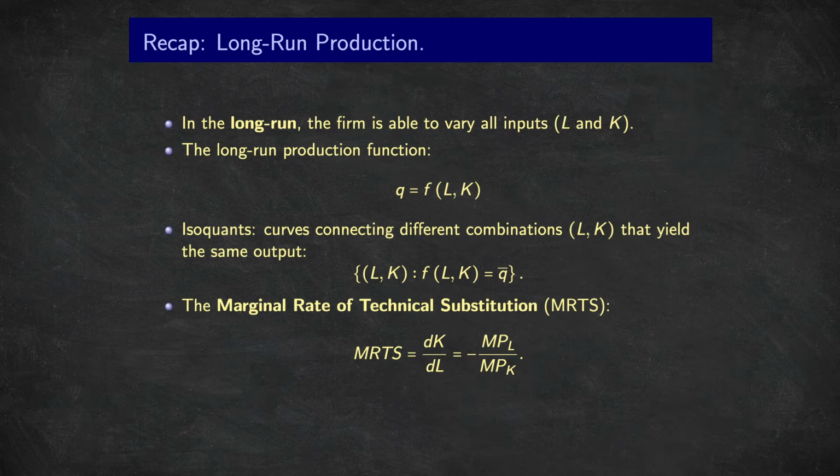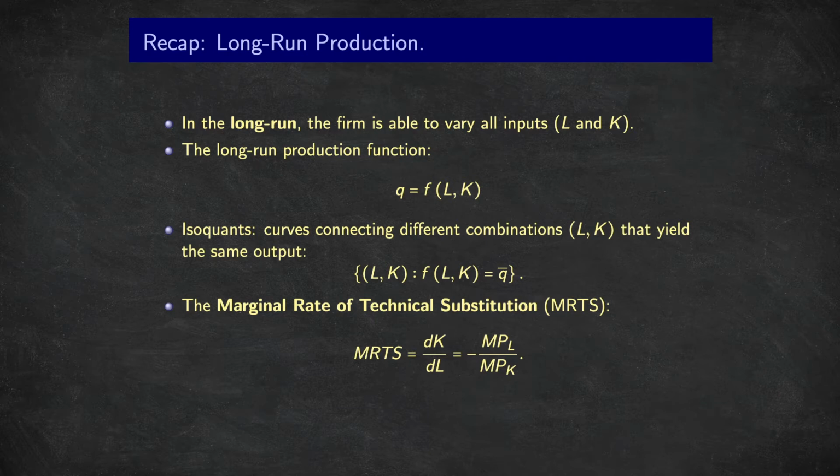The slope of an isoquant in factor space is telling us the rate at which we can exchange one factor for another, so exchange capital for labour, whilst maintaining the same level of output. And we gave this a name, the marginal rate of technical substitution.